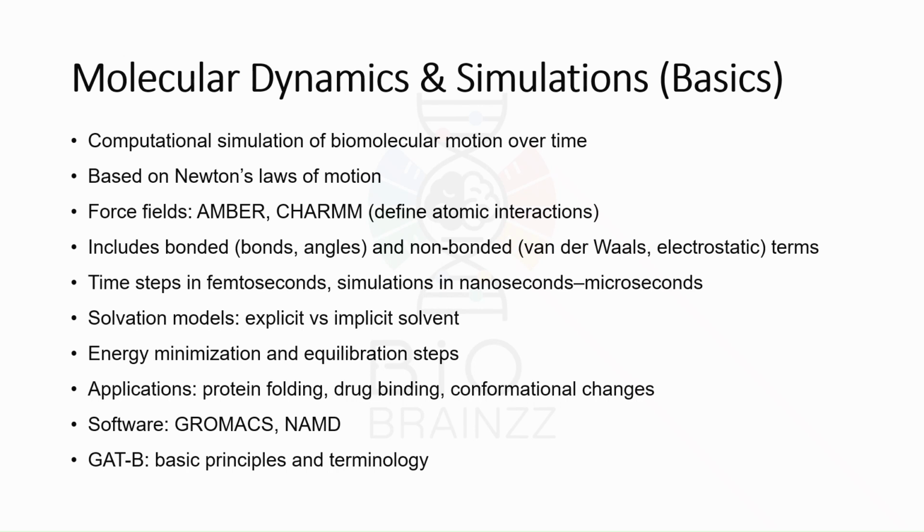Force fields like AMBER and CHARMM are used to define interactions between atoms. The simulation includes steps like energy minimization and equilibration. Applications include protein folding and drug binding studies. In GAT-B, we focus on basic concepts and terminology.